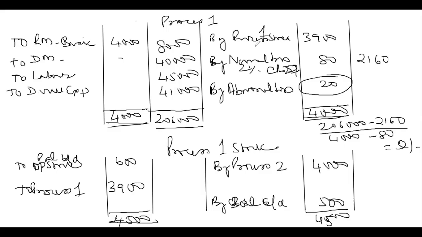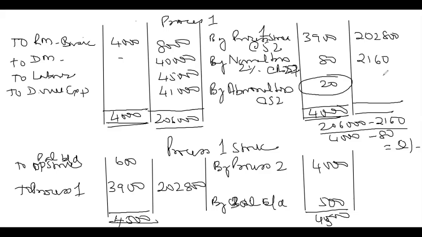Now this will be multiplied by 52. How much is it? 52 into 3,900, 2,02,800. That will be the value here. And they have told, therefore, this will be the balancing figure. You can multiply at the rate of 52.